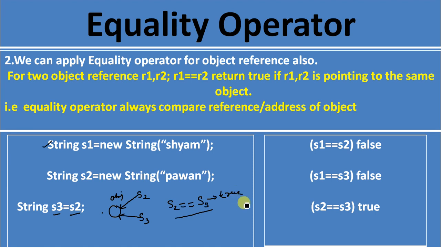Now let's see some expressions. Suppose here is one object, and this is the s1 reference variable. The value of s1 is Syam. So this object is holding the value Syam, and this other object is holding the value Pawan.